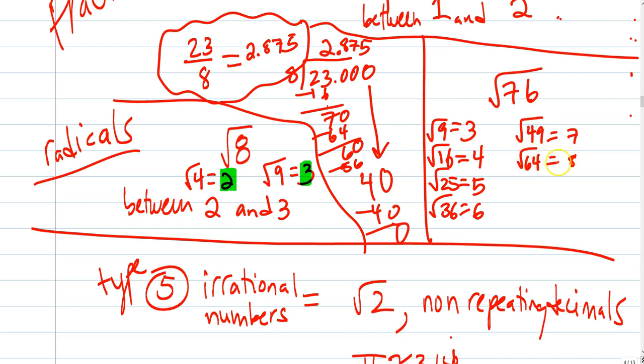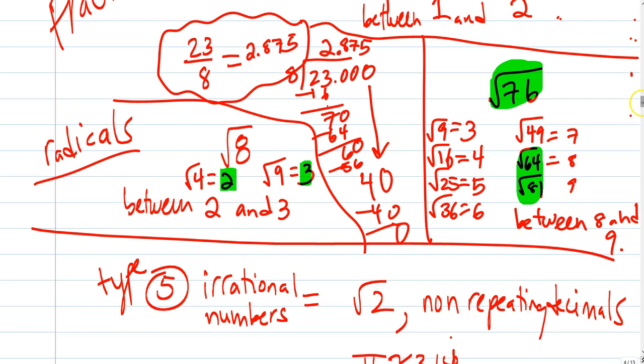We're getting pretty close, 64 is pretty close to 76. And 9 is the square root of 81. I know that 76 falls between these two numbers, which means that the square root of 76 must be between 8 and 9.